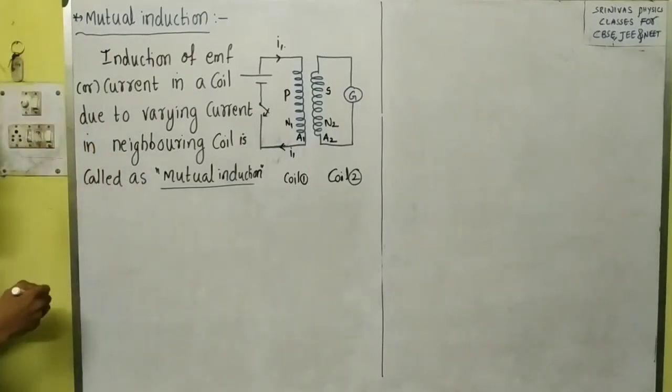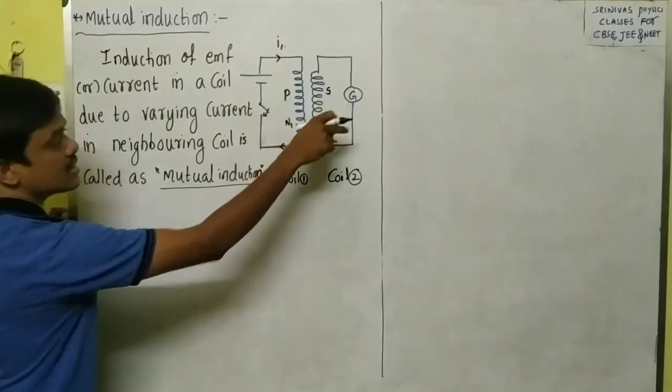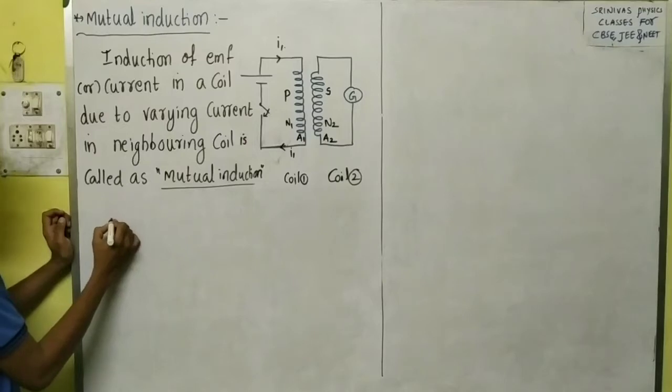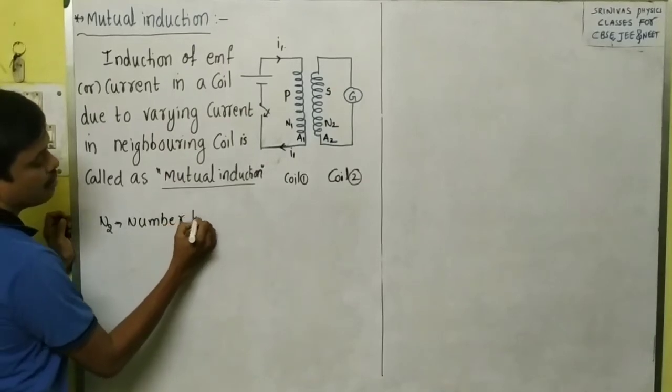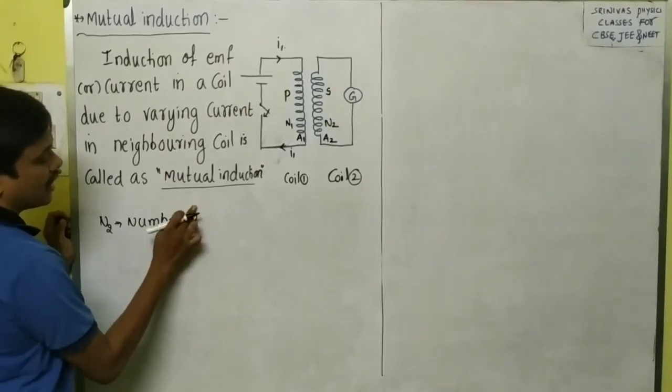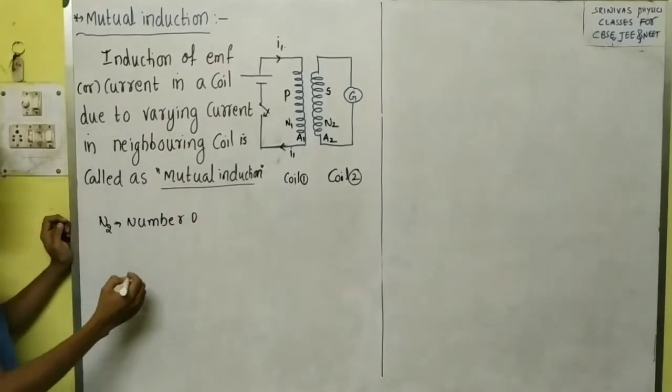For that purpose, first consider the flux linked with the second coil. What is N2? Number of turns in the second coil. N1 is the number of turns in the first coil.